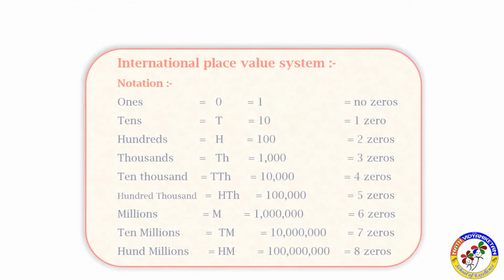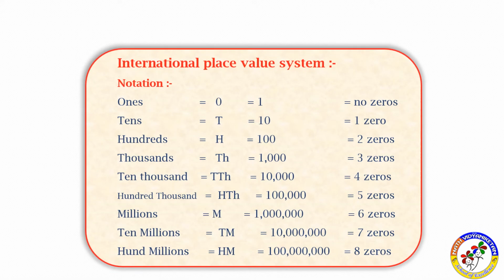So international place value system. Let us see the notation here. Ones can be written as O, that is 1. So there are no zeros in ones place. And then tens can be written as T, that is 10. So in tens place there is 1 0.